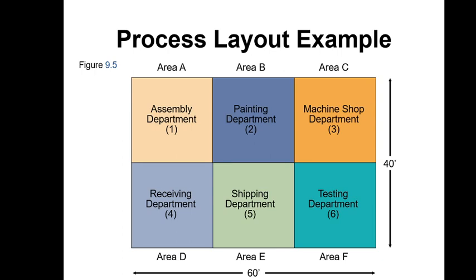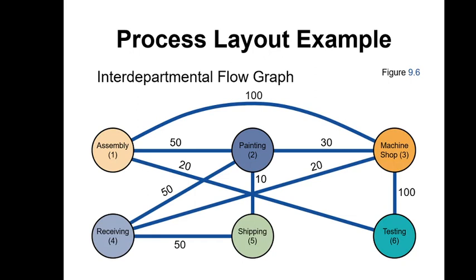This is our arrangement. Let's, you and me, try to calculate now moving the loads from each department, as given in the previous slide, to the targeted department, and let's calculate the cost of moving loads. But you have to remember the given in the question with regard to the number of loads that have to be moved from one department to another, and you have to take into consideration also, guys, the cost of moving one load from one department to another.